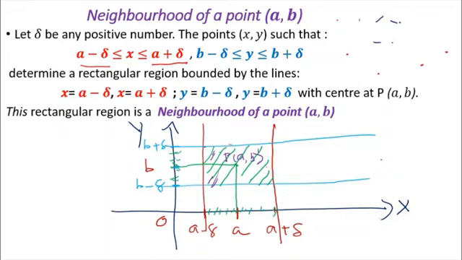That is what the definition also says. Let delta be any positive number, a small positive number like epsilon.